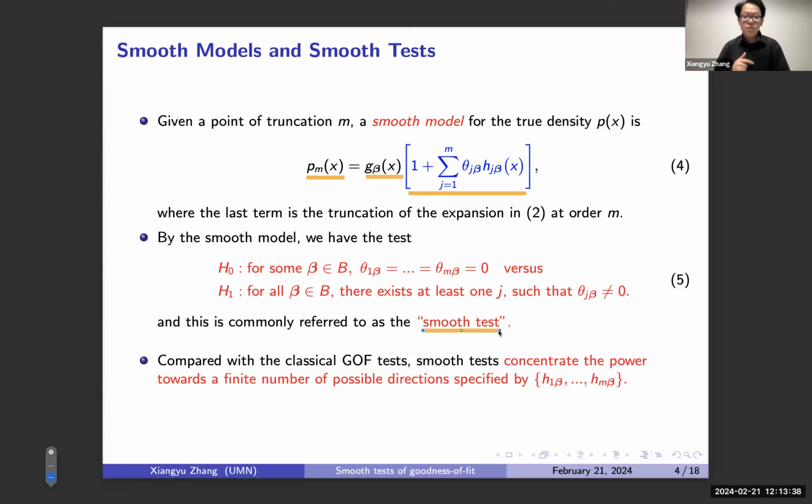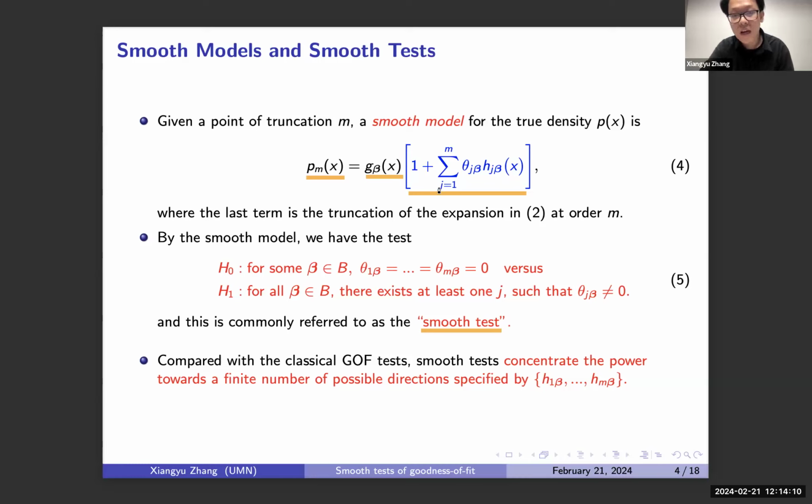Why do we need that? Because if we really test every direction of the deviations from J(β, x), if we test so many θs, we will lose a lot of power, because you cannot get a test that has very high power for each of these many directions. So the idea of the smooth test is that we take some compromise. We reduce the directions of the alternatives that we focus on.